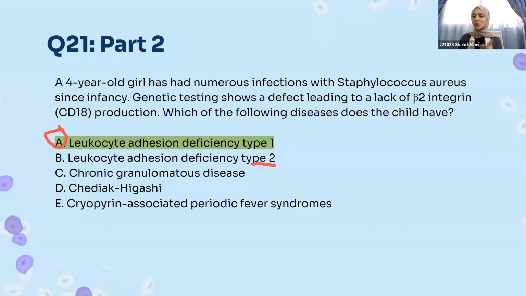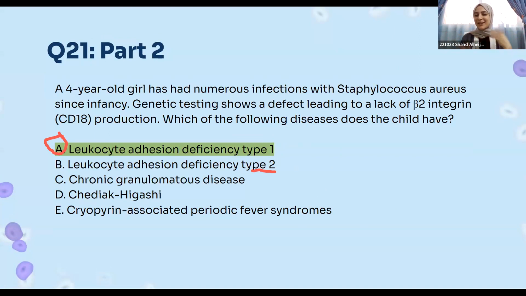Exactly, yes. Type 2 is involved with the Cellular Lewis, while in type 1, you have a problem with the integrins. So the problem is with integrins, the binding to the cytokine-activated endothelium, and that is leukocyte adhesion deficiency type 1.